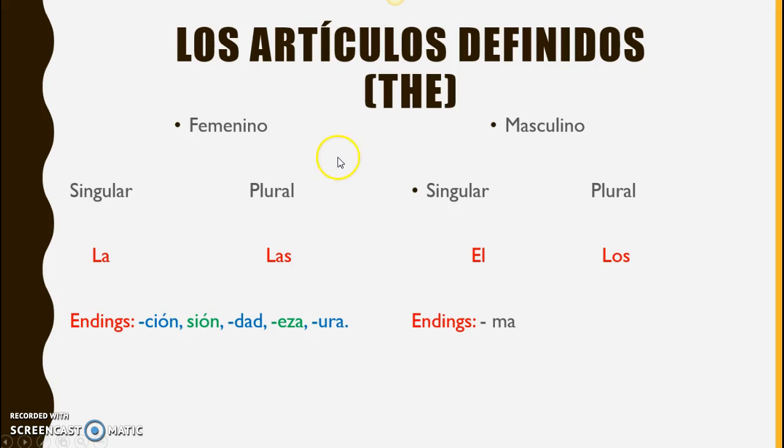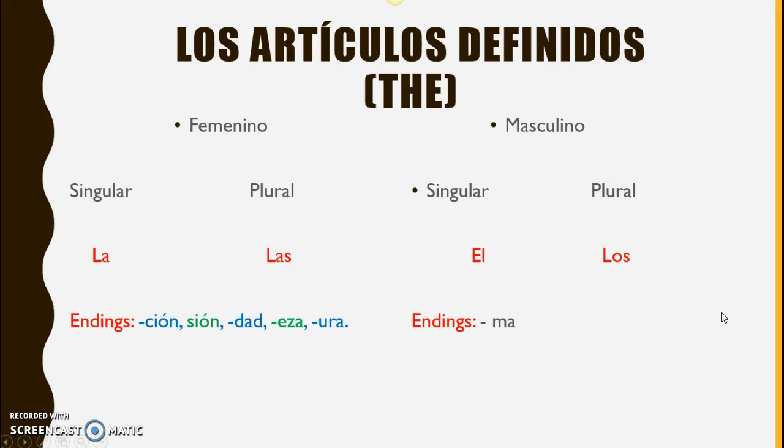So when we have a noun that is feminine singular, I will use the article la. But if I have a noun that is feminine plural, I will use the definite article las. If we have a noun that is masculine and singular, I will use the article el. But if I have a noun that is masculine and plural, I will use the article los.